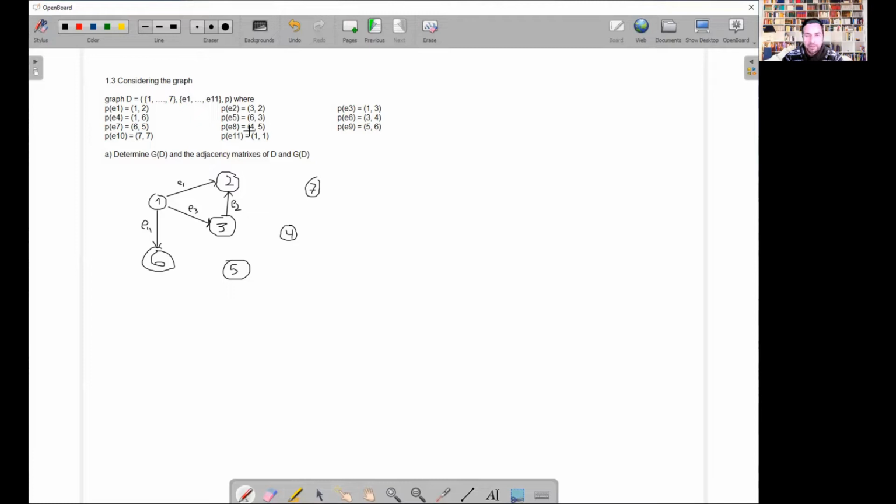Right, then we have E5, which links 6 and 3. So we put the arrow on the 3, and this is E5. Then E6 links 3 and 4. E7 links 6 and 5.